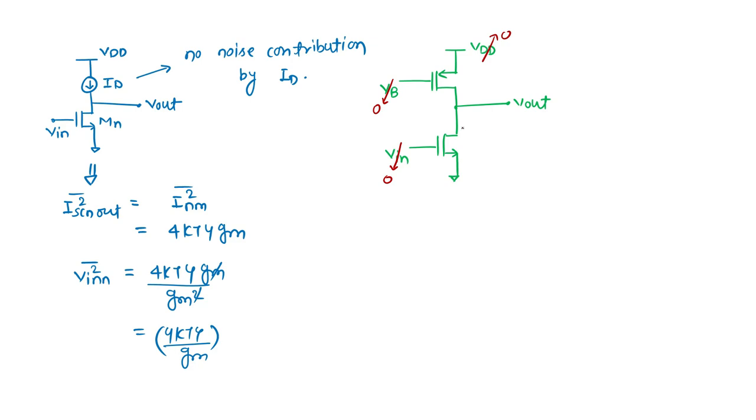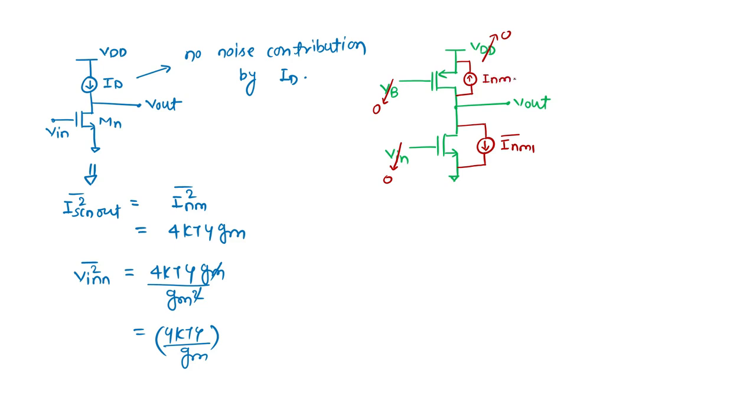One noise current is here, which I am considering in the downward direction, which I call IN of M1 average, and for this one I will consider it upward. Usually I consider the drain to source direction, but it is not important or recommended for the noise. Whatever direction you consider, stick to it throughout your calculation.